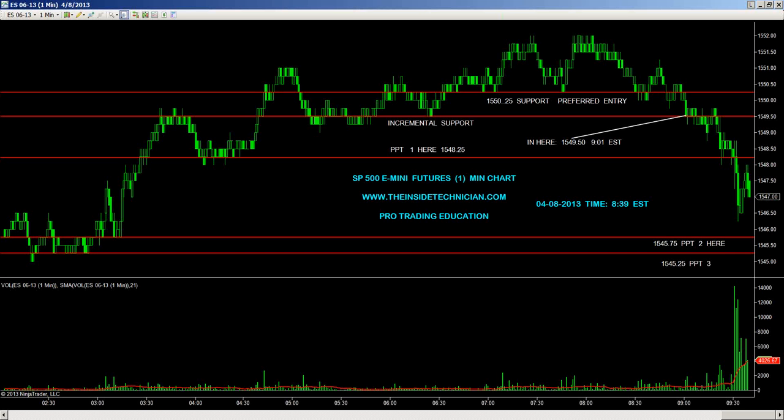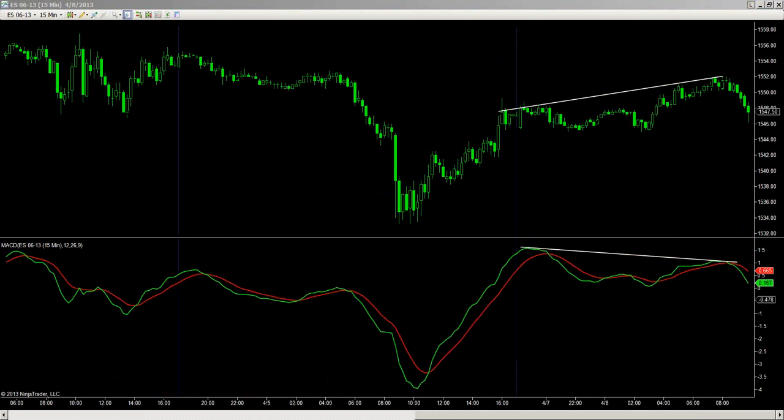Price is turning back around a little bit now, starting to trade back down to 1547.25 mark to the market. All quiet environment. Constantly monitoring the 15-minute charts as compared to the 1-minute charts.